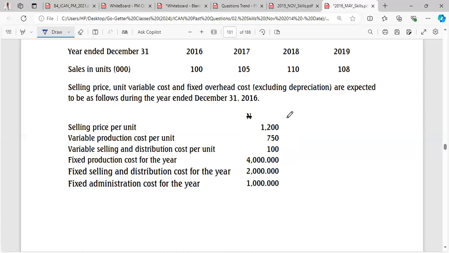Now, these are what we have here. We have variable production, fixed production, variable selling and distribution, fixed, variable, and all that.